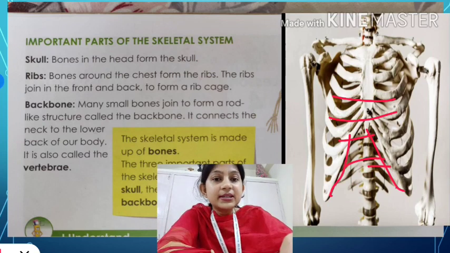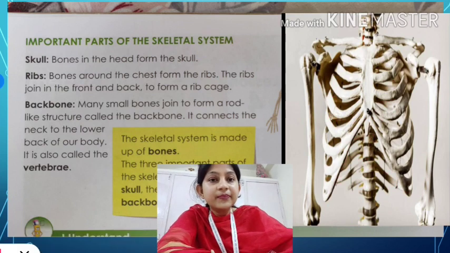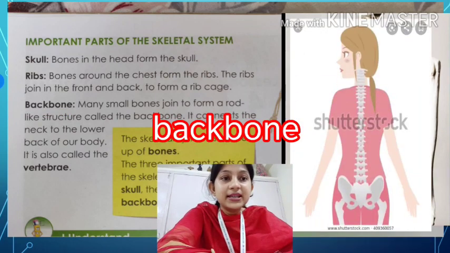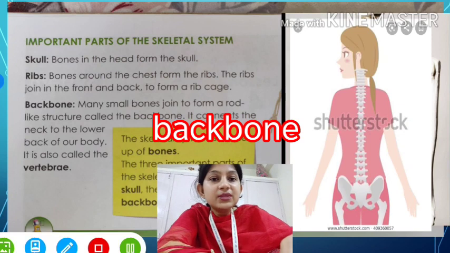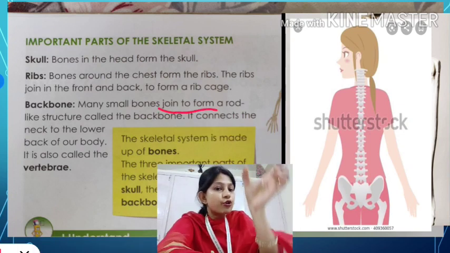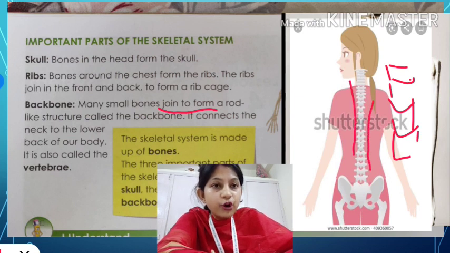Okay, this portion. The next important body part here is the backbone. So what is a backbone? See this one. Okay, these are many small bones that are joined together to form a rod-like structure. See, this type of small bones are there, and they are joined together to give this type of rod-like structure.